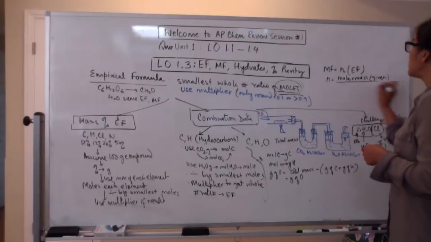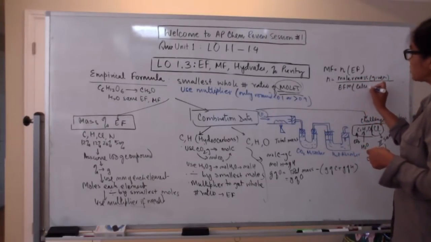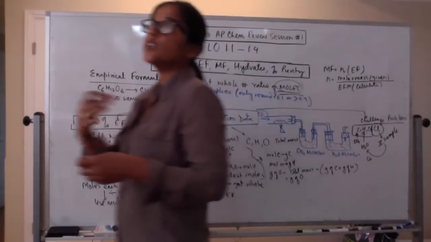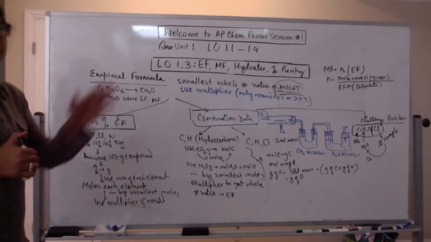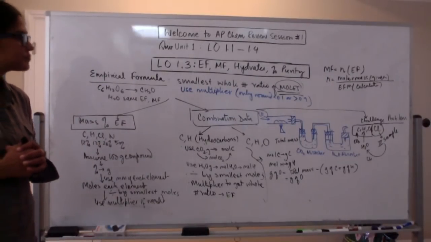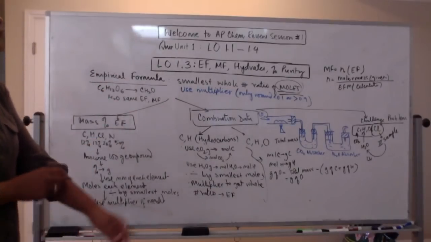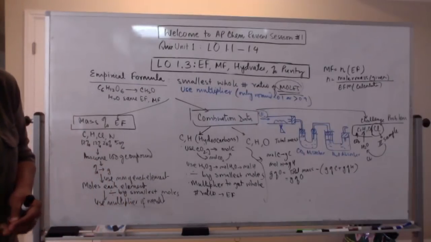It will be given to you, and you get the empirical formula mass by calculation, because you have already gotten the empirical formula. And then use a multiplier to get the molecular formula. So this is the empirical and molecular formula part of learning objective 1.2.